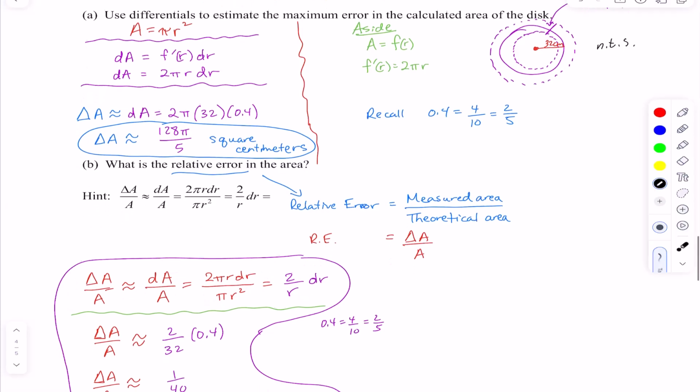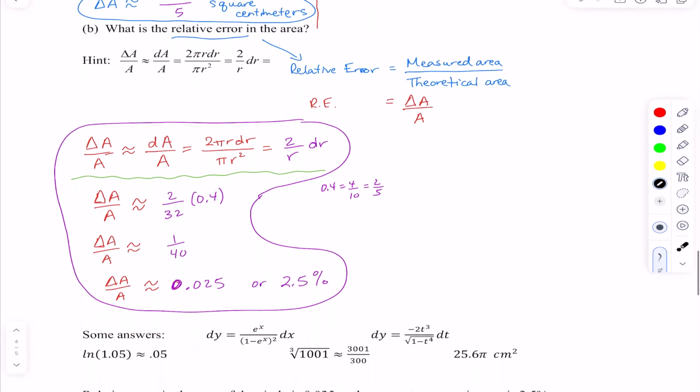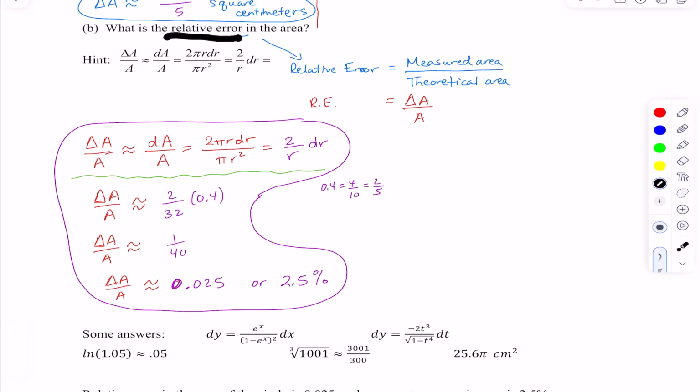What is the relative error in the area of this circle? The relative error is by definition the measured error over the theoretical area. That is delta A over A. How about I make this clearer by saying the measured error?